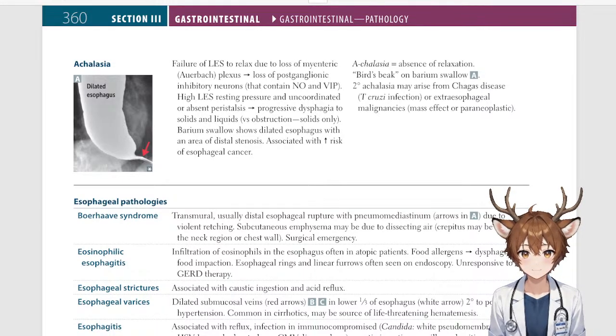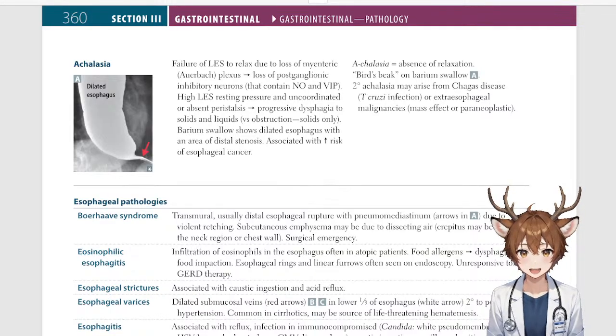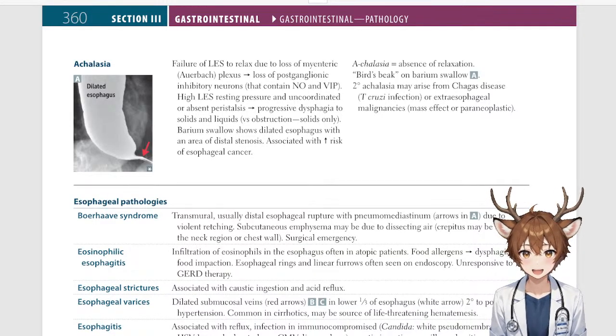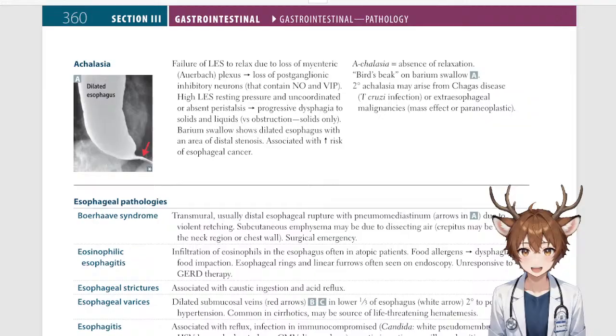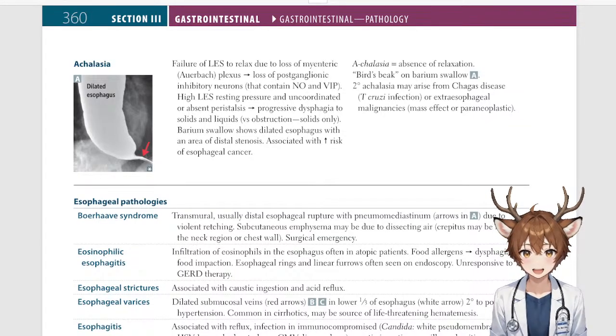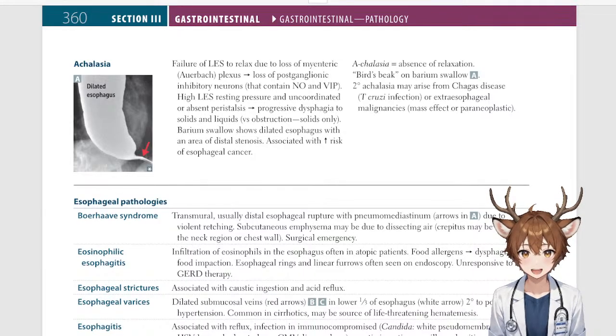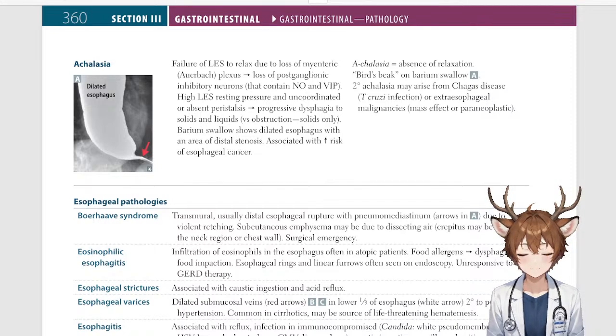Achalasia, okay. Manometry findings include uncoordinated or absent peristalsis with increased lower esophageal sphincter resting pressure. Barium swallow shows dilated esophagus with an area of distal stenosis, bird's beak appearance. As you can see in the picture right there, it looks like a little bird's beak, and the dilated part's like the bird's body.